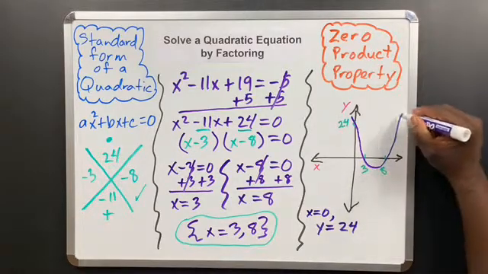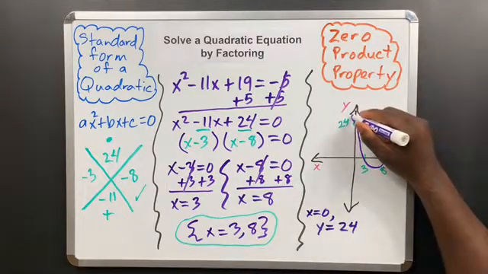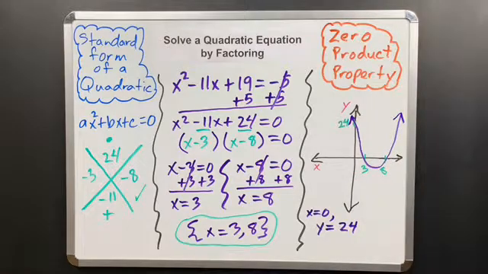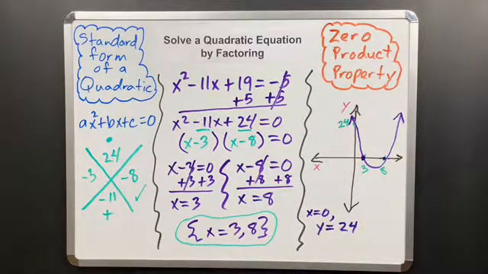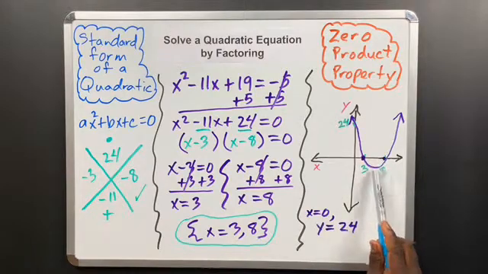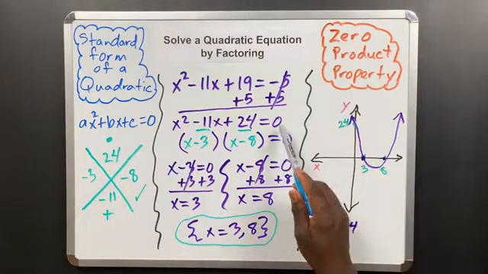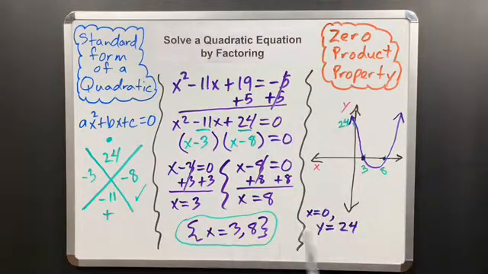Okay, it's just a quick sketch of the quadratic. So what's happening, these are called your zeros. Your zeros are basically the x-intercepts. Okay? When y is 0, you get x equal 3 and x equal 8.